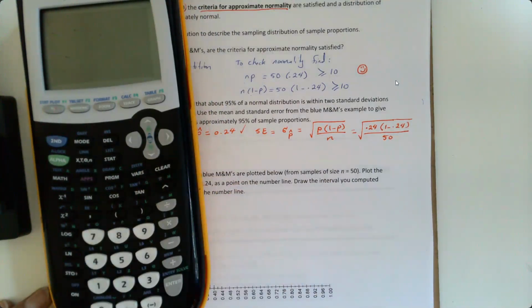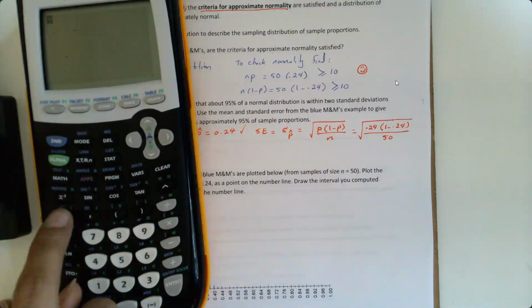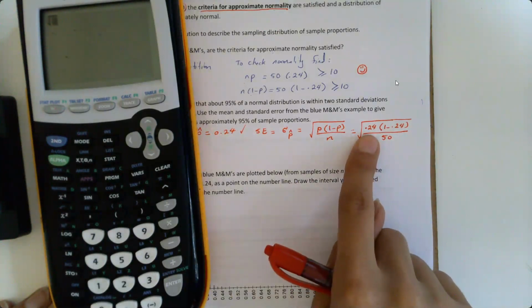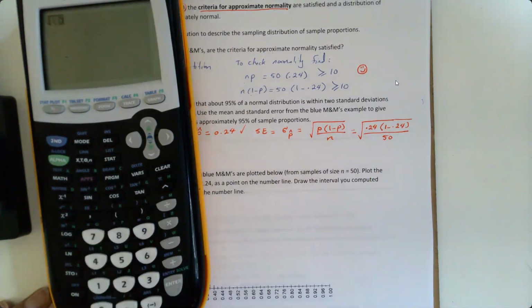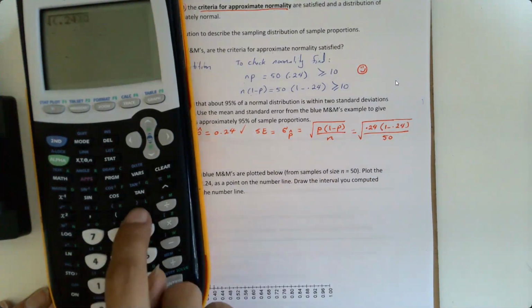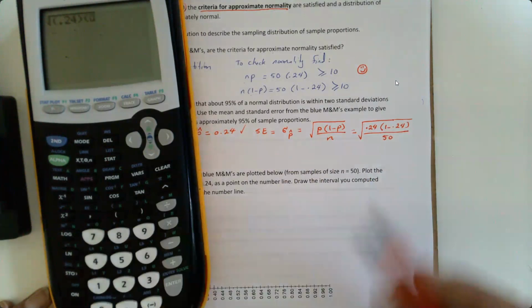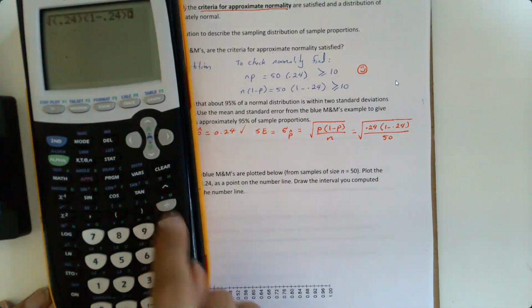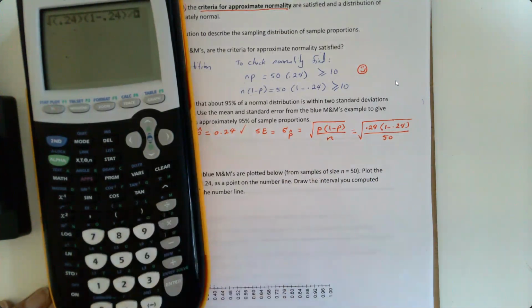Let's turn on the calculator. Here we go. I want you to calculate the square root of, so second x squared, and I have 0.24, so I'm going to use parentheses, times 1 minus 0.24. I'm going to close the parenthesis, and then I'm going to divide this by 50.